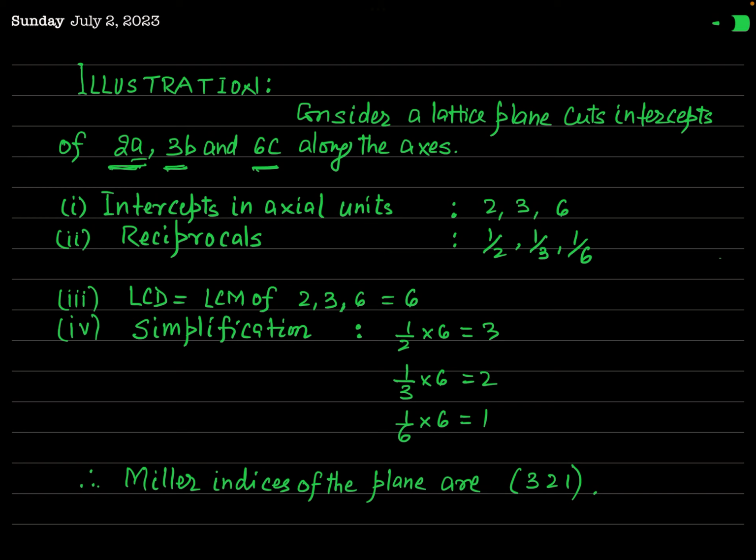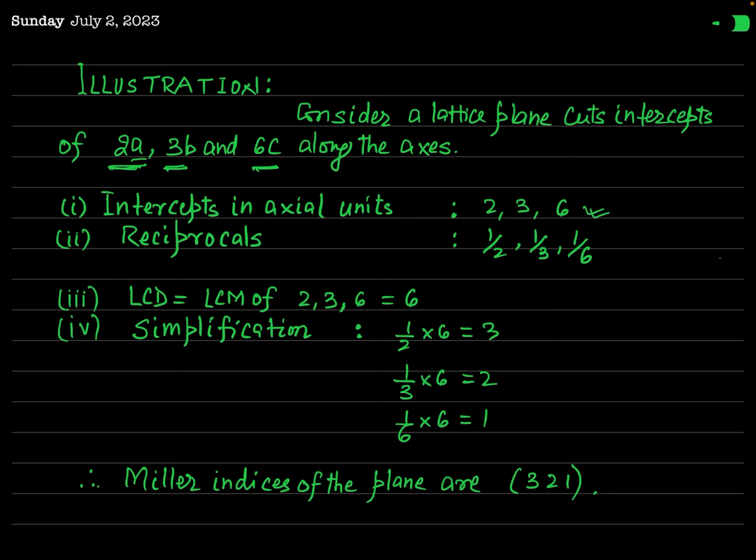So in axial units, we write these intercepts only as 2, 3, 6, not 2a, 3b and 6c. 2a, 3b and 6c are actual intercepts, but to find the Miller indices you must write only 2, 3 and 6.